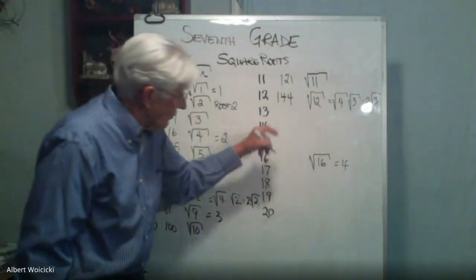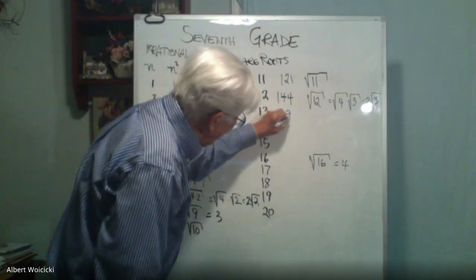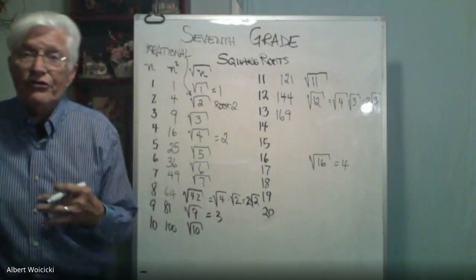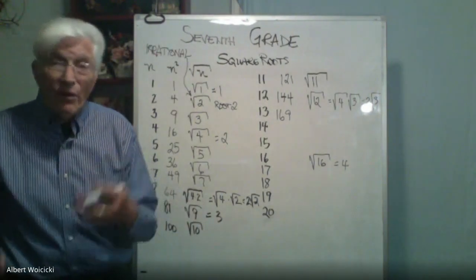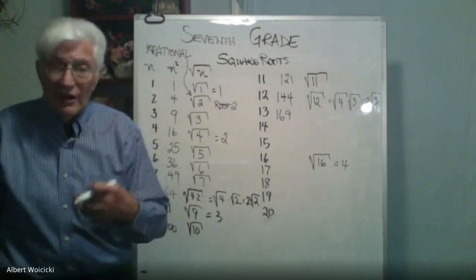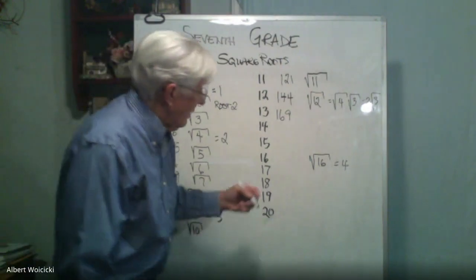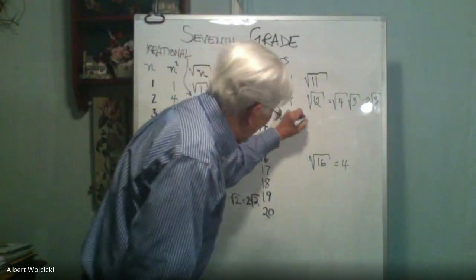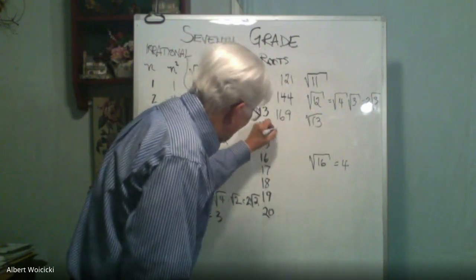Now, 13 squared, well, I know that's 169. Again, these are numbers that your students should know. It takes a while for them to really memorize them, to get them in their heads, but they shouldn't have them on a piece of paper. Now, this is not going to be rational. 14 doesn't have anything to go.